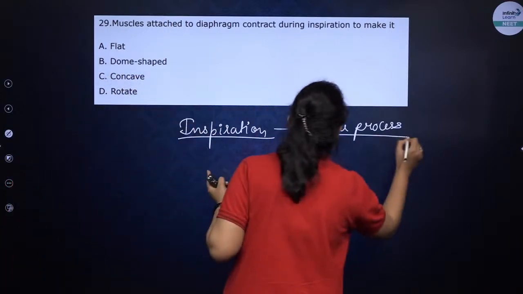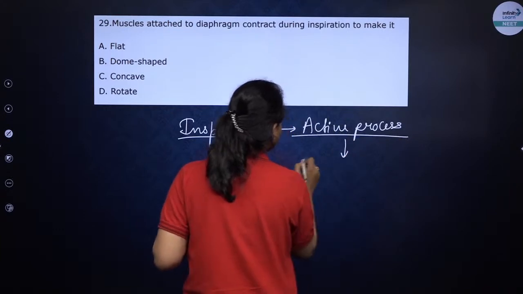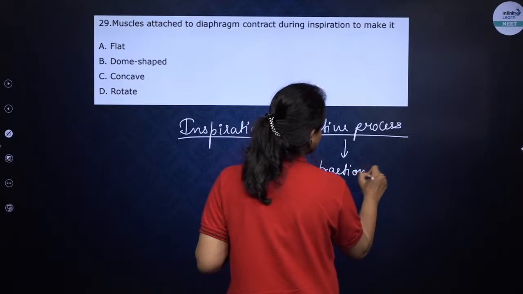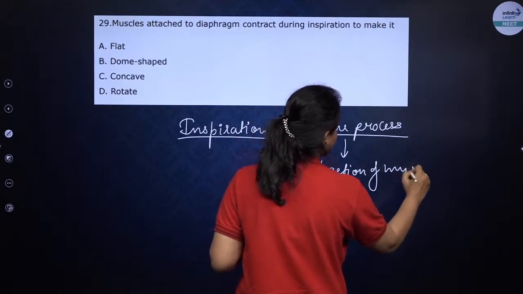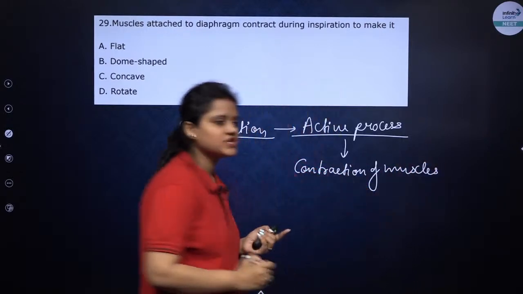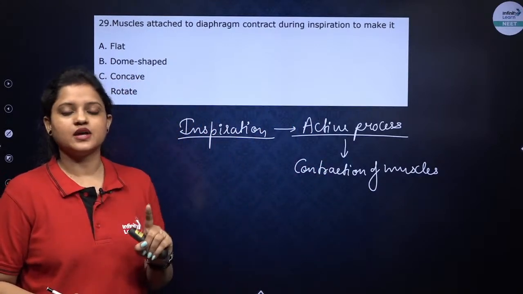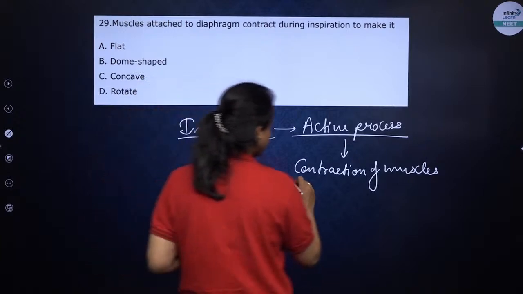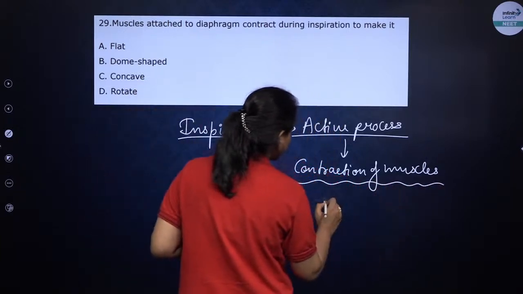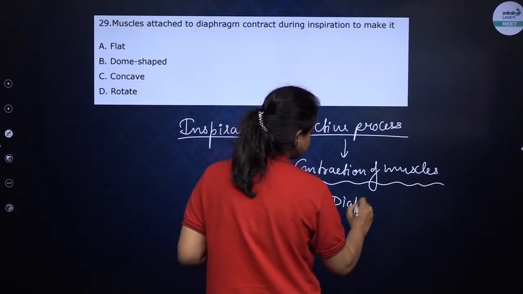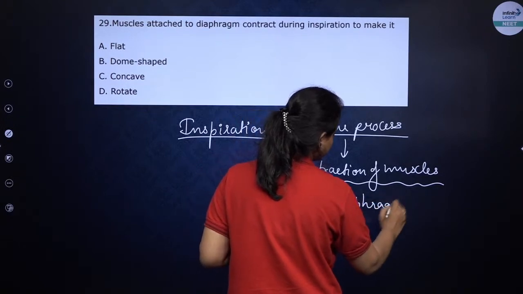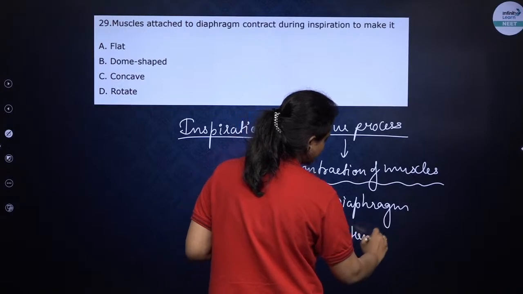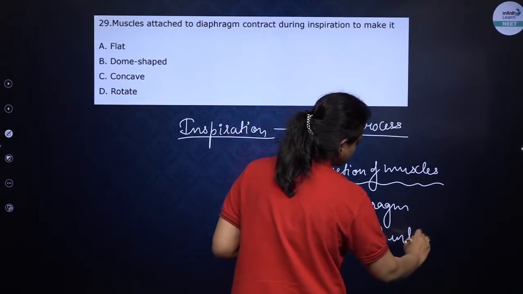We are talking about normal inspiration. There is contraction of muscles. Which two muscles? One is diaphragm and another one is external intercostal muscles.